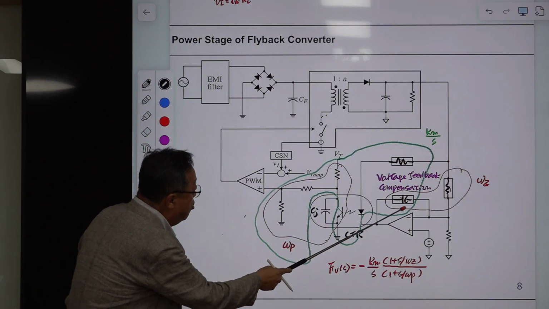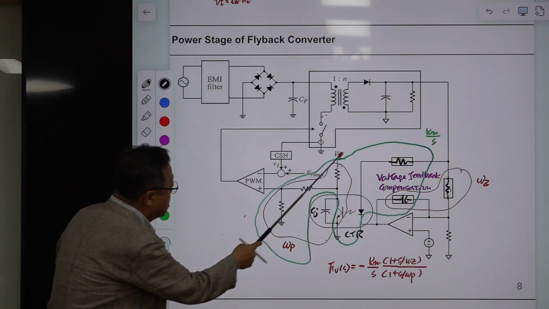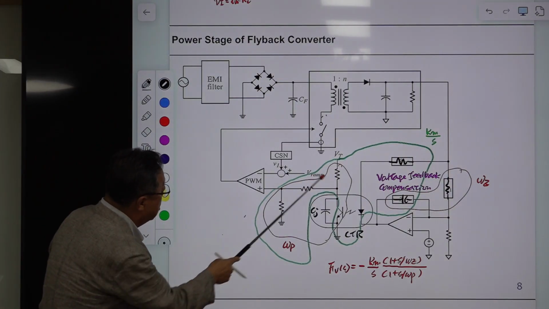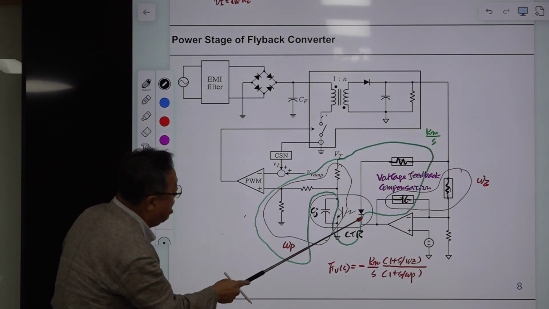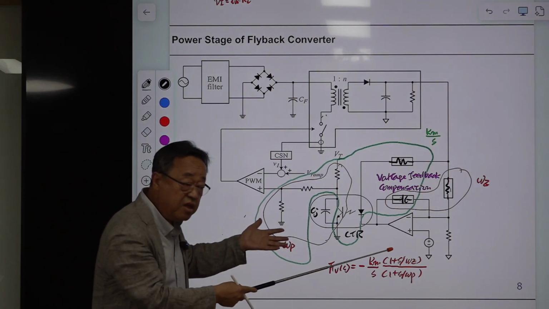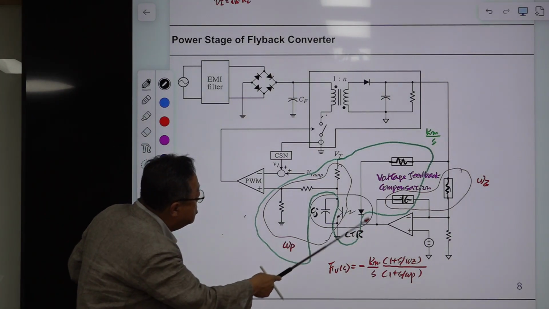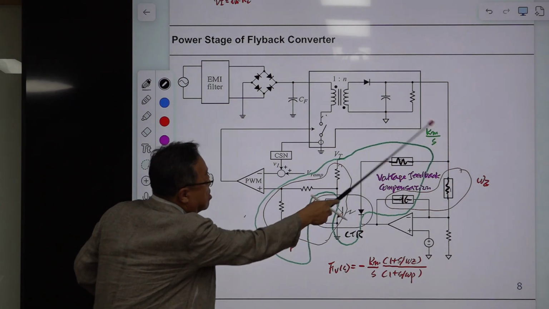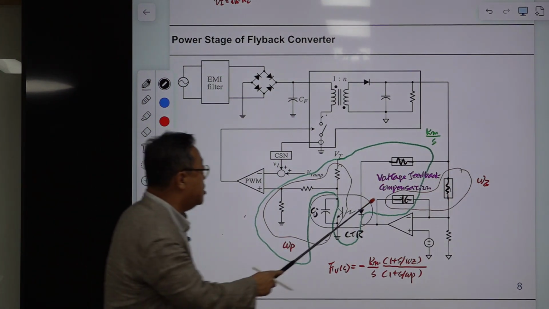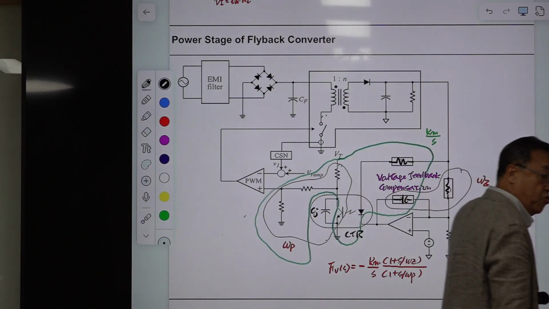This capacitor and the combination of all of these things, these resistive parameters, are constant, and the CTR is constant. That determines the integrator gain. So the combination of these is providing this term, and the combination of this and this generates 1 zero.